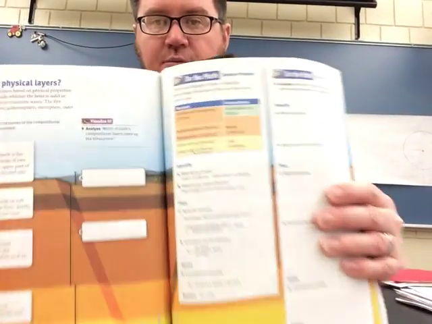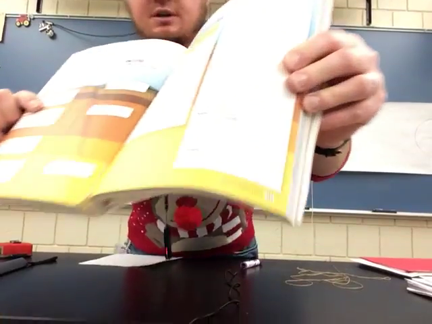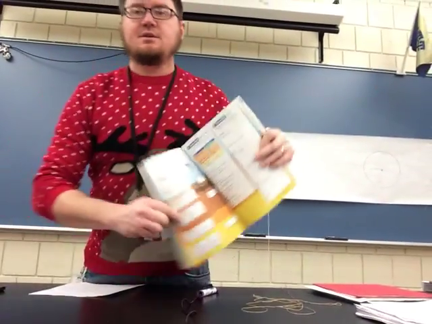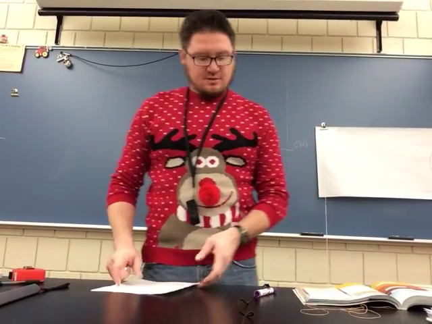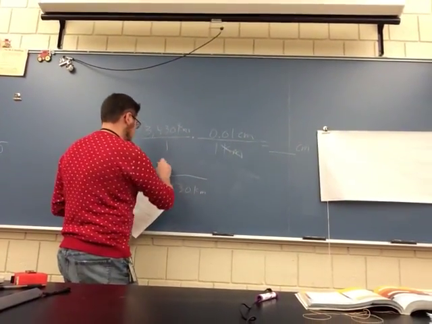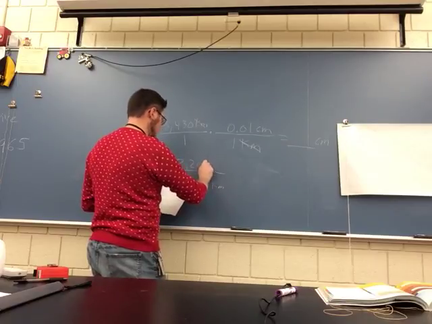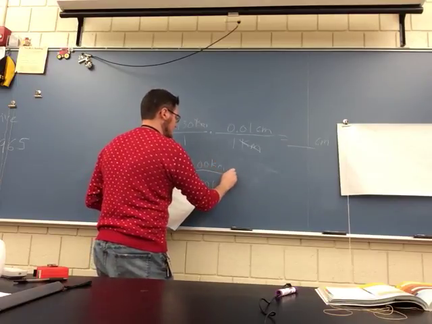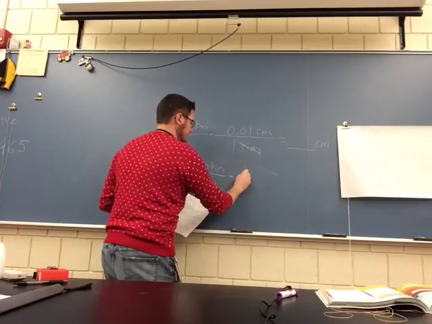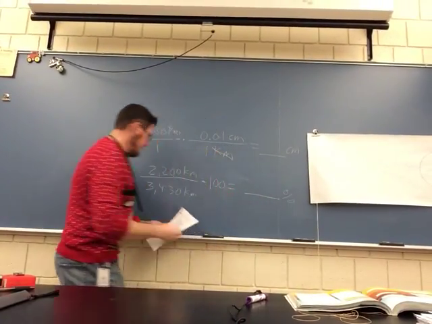So it has all of them right there. Okay, page 197, where you want to refer to for the percentages. And don't forget to multiply by 100, and that'll give you the percent of the outer core.